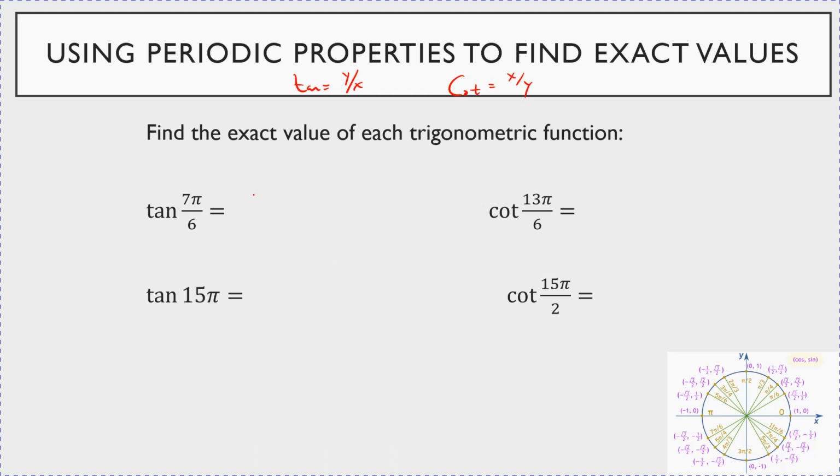So here, I'm going to break this up as tangent of 7 pi over 6. You could actually evaluate this directly, but watch this, okay? I'm going to write this as tangent of pi over 6 plus 6 pi over 6, which is just tangent of pi over 6.